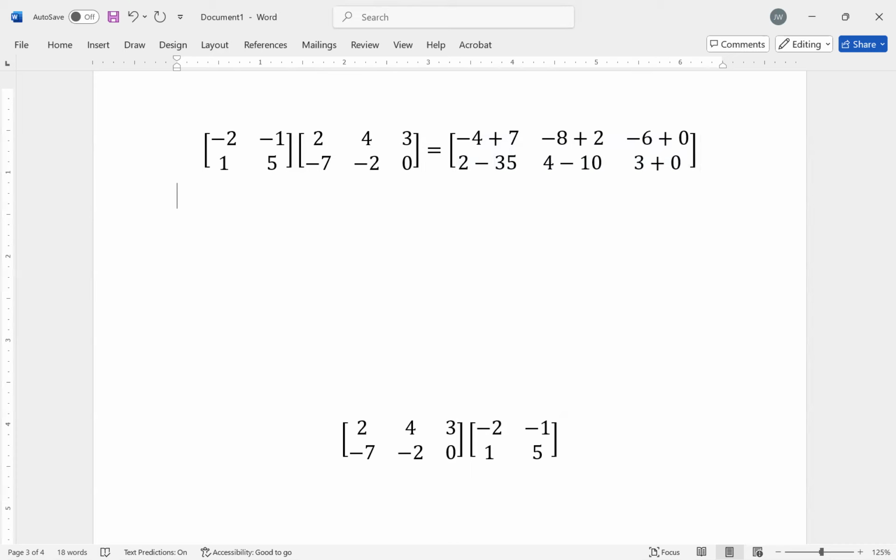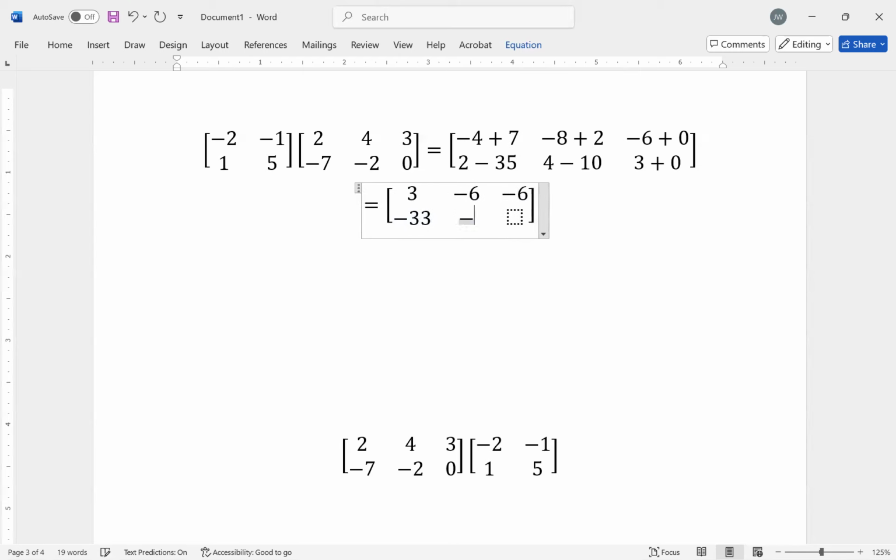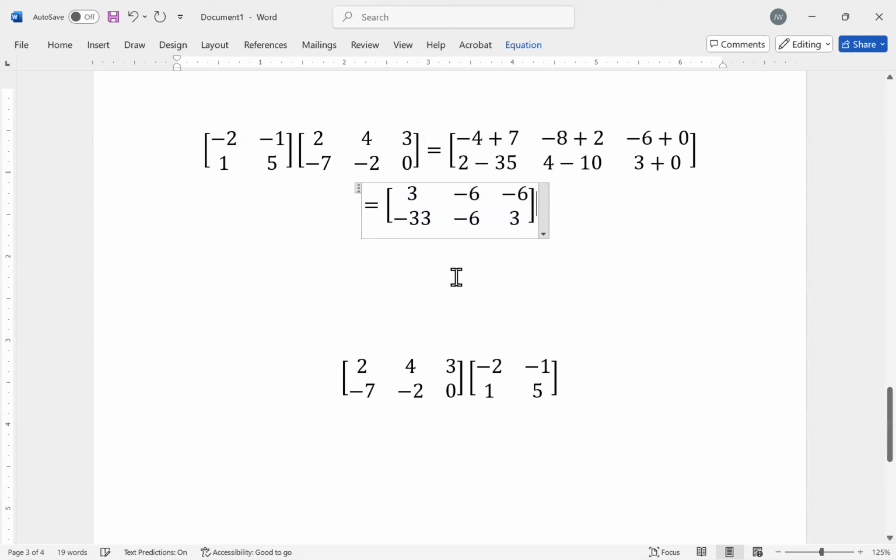So the resulting matrix there is 3, -6, -6. That's the first row. And then the second row is going to be -33, -6, and 3. So there we go. We've multiplied a 2 by 2 matrix times a 2 by 3 matrix, and we got out a 2 by 3 matrix.